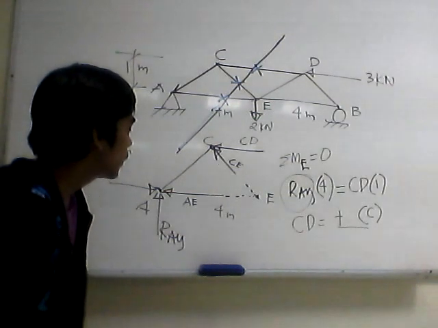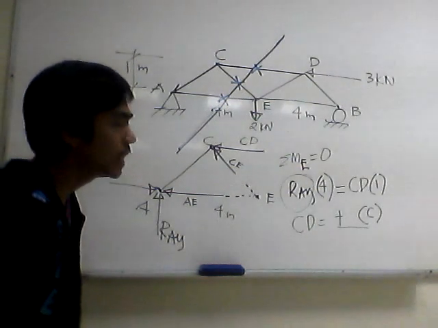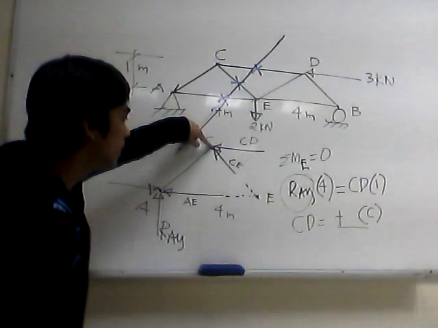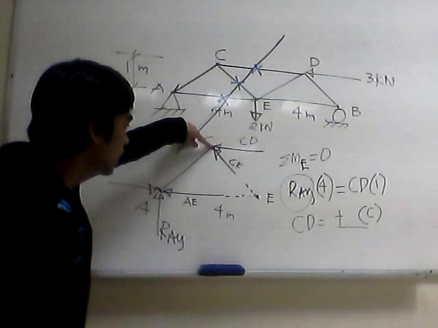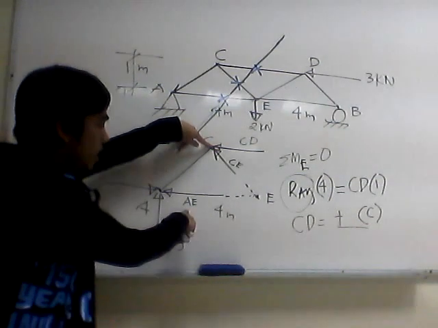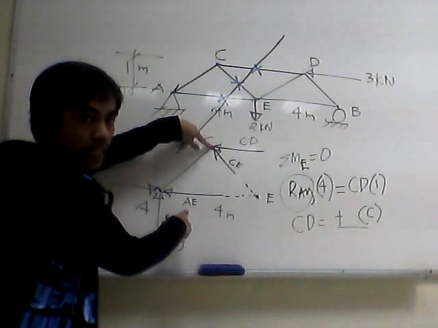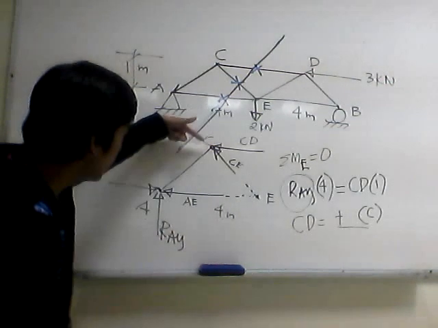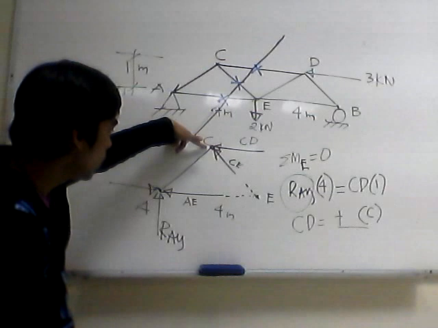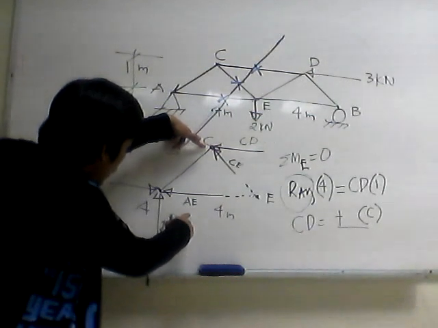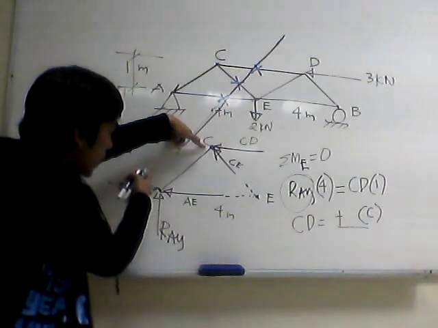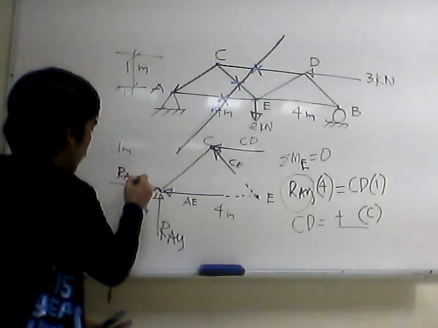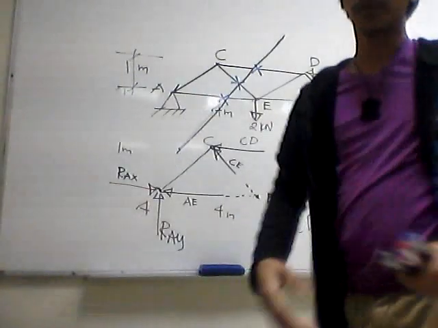We can now take summation of moment at C. Taking summation of moment at C equal to 0, we can solve for AE considering RAY and this RAX. Let's write the equation.